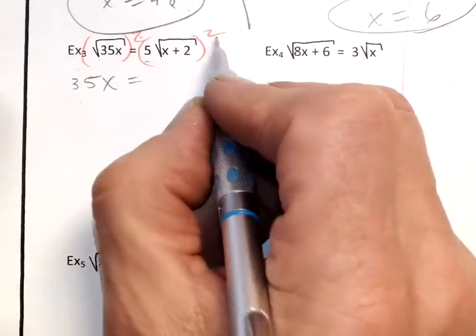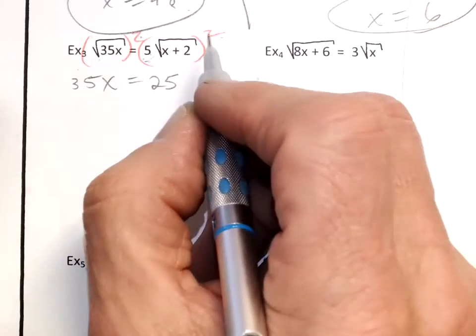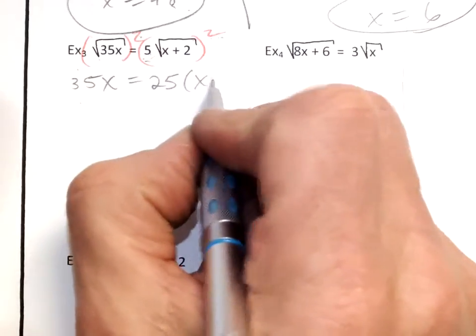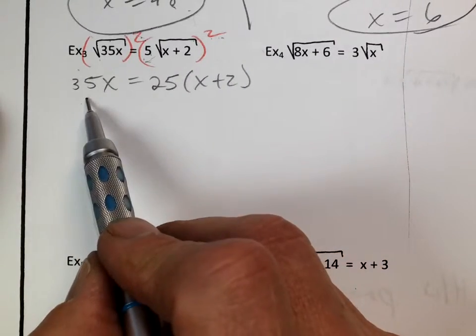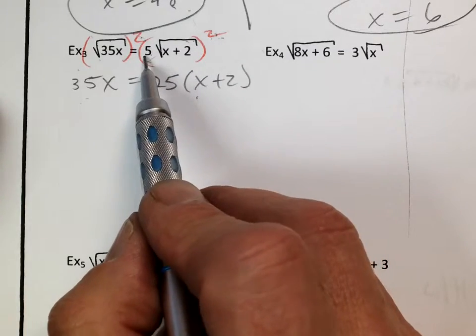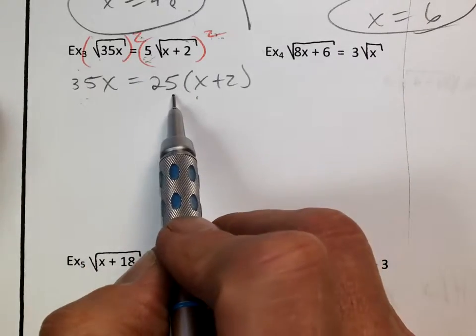Over here I've got to square the 5, which is 25. The square cancels the square root for this one, leaving x plus 2. Okay, I'll back up. The square canceled the square root, but I also need to remember the 5. The 5 is not inside the square root, so I've got to square the 5 into 25.